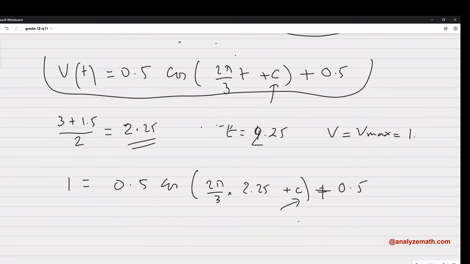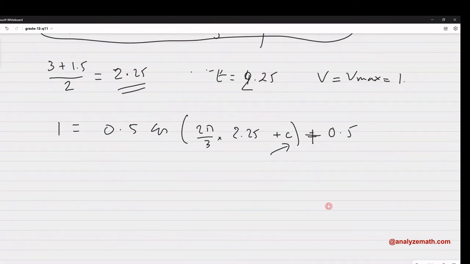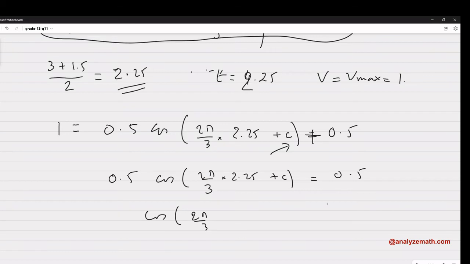Here is c. Good. So that will give me 0.5 cosine 2 pi over 3 multiplied by 2.25 plus c is equal 1 minus 0.5 here. And then this gives me cosine 2 pi over 3 times 2.25 plus c equal to 1.